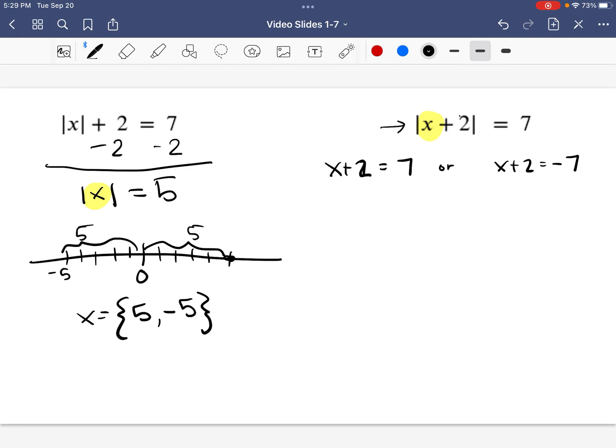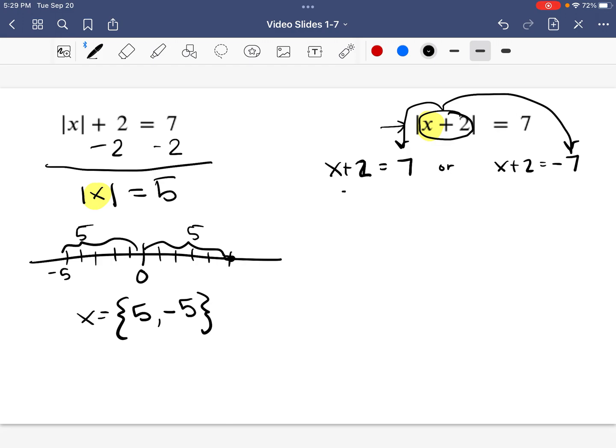So this part in here has two potential answers. It could have added up to be a positive 7, or it could have added up to be a negative 7. So I'm going to have to solve both of these equations, which I can do.